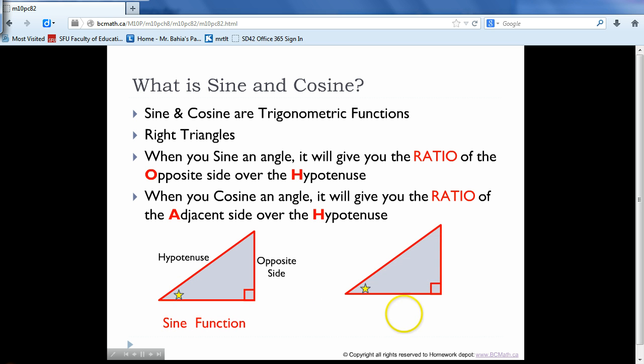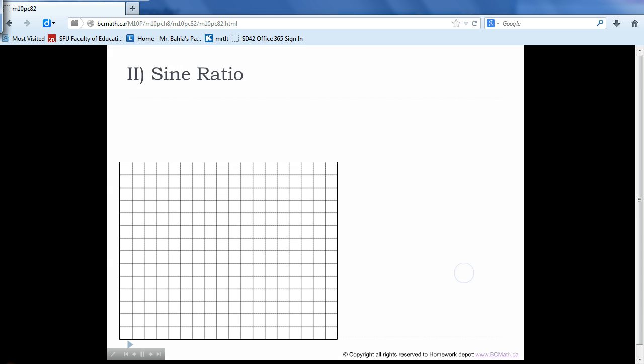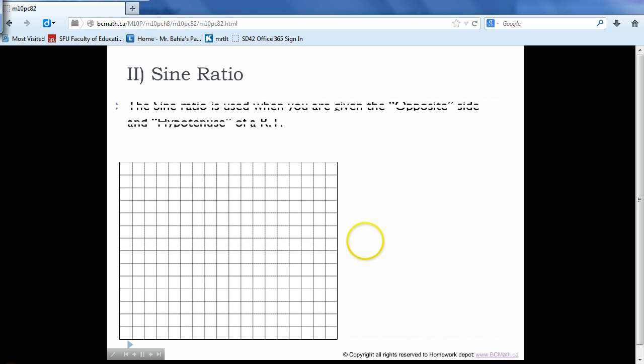If we had the adjacent side to that angle, the angle we're interested in, which we usually call theta, we put a star there, doesn't matter. Adjacent side, hypotenuse side, the ratio of the adjacent to the hypotenuse, if we cosine that angle, it'll be equal.